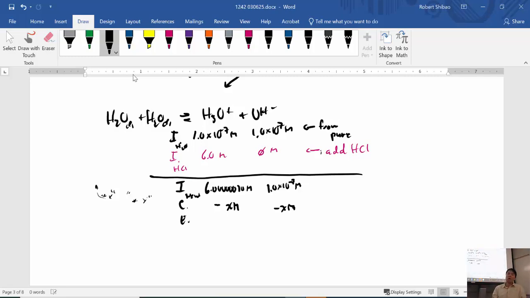If you add a little bit of water to pure water, does it change the concentration?